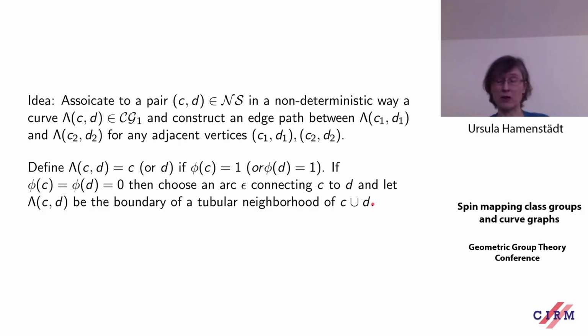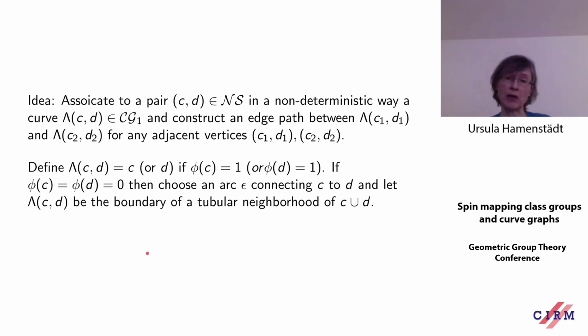And it is not hard to show that the spin value of this new curve is actually 1, and furthermore, we know that this curve is non-separating because of the requirement that the surface minus the union of C and D is connected.